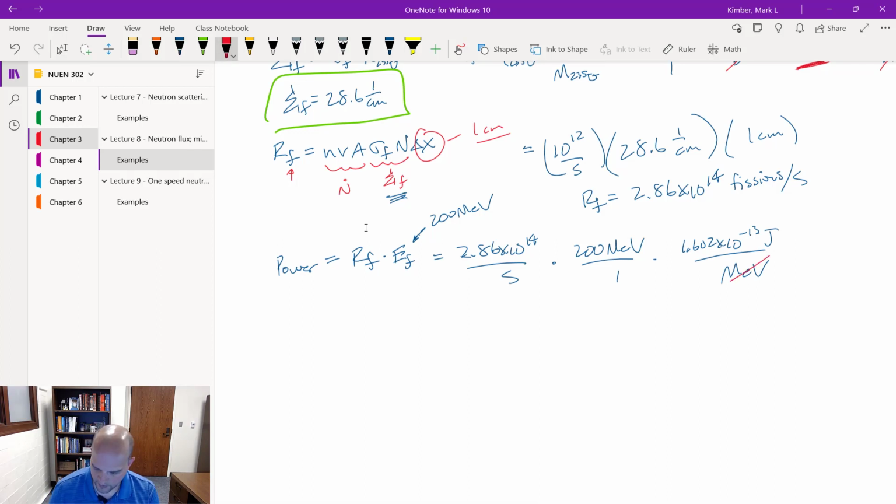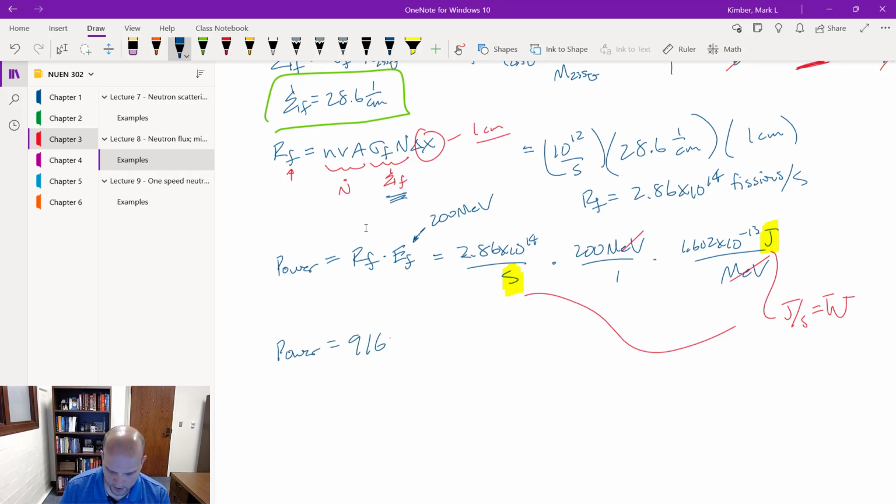And what I have here, my MeVs are gone, and I'm left with joules per second. Joule per second is a watt. And once I run these numbers, I get that the power is going to be equal to 9165 watts, which is 9.165 kilowatts.